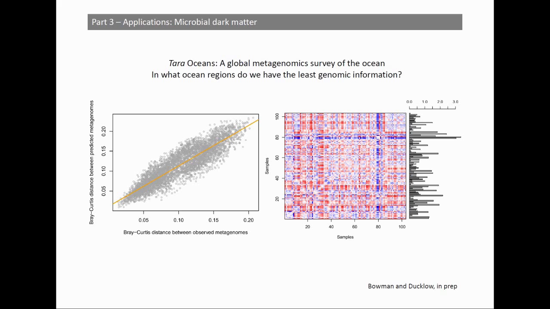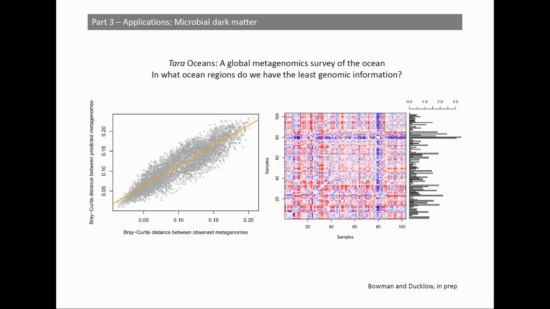And finally, and I alluded to this a little bit before, it's very useful for identifying what we might call microbial dark matter, or places where we have a poor understanding of the functional content of microbial genomes. And so this is using the Tara Oceans sample set. This is a global metagenomic survey of the oceans.